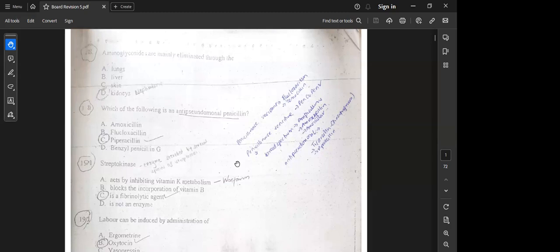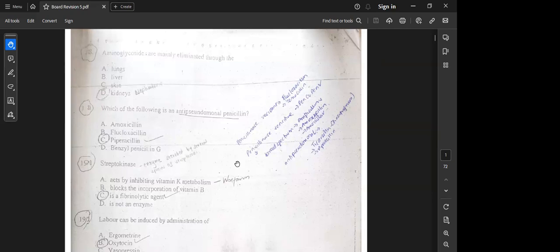And are they against pseudomonas? I think they're also effective against Pseudomonas aeruginosa. Some, like tobramycin, are effective against it.